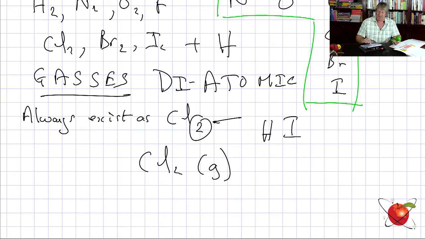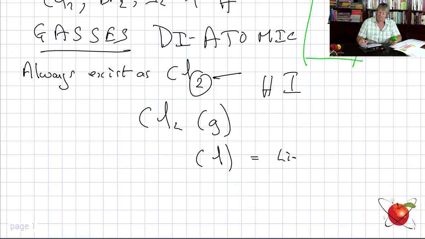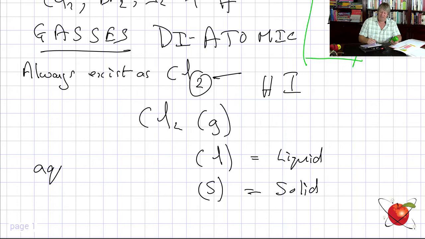While we're talking about that, we've got this little number, this little guy behind here. Let's just quickly go through those. We've got something as a gas, right? You can always have something as a liquid, as a solid, and the last one is AQ, which is aqueous.